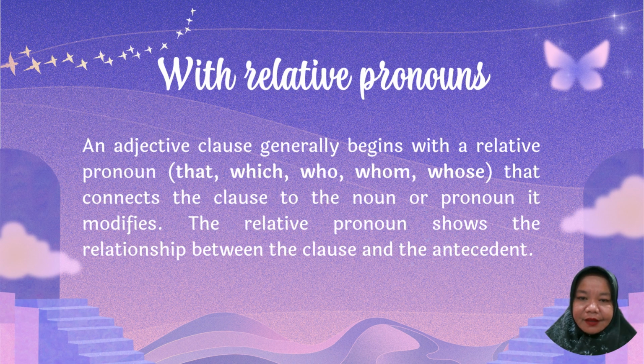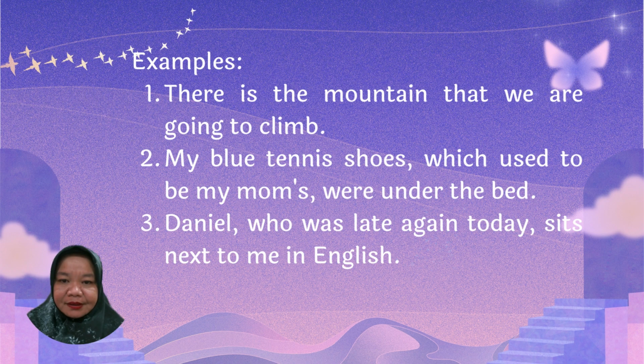An adjective clause generally begins with a relative pronoun, such as that, which, who, whom, whose, that connects the clause to the noun or pronoun it modifies. The relative pronoun shows the relationship between the clause and the antecedent. For example, there is the mountain that we are going to climb.